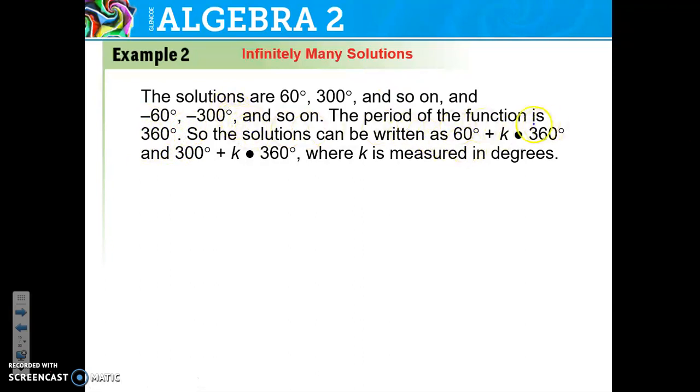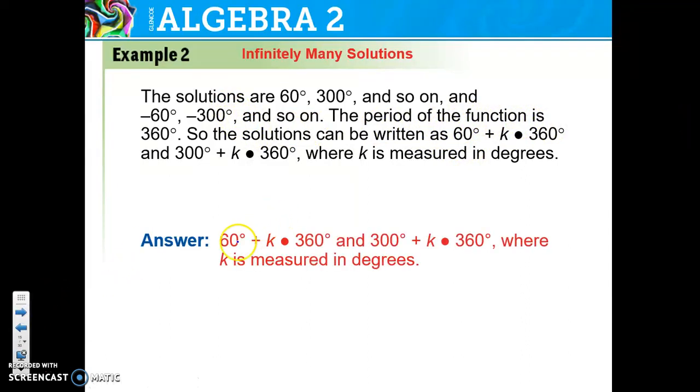So since there's infinitely many solutions, I have to find a way to write them in general. So we say 60 degrees plus k times 360 degrees. What does that mean? It means that every 360 degrees, it's going to repeat. And we should say here that k is an integer, right?